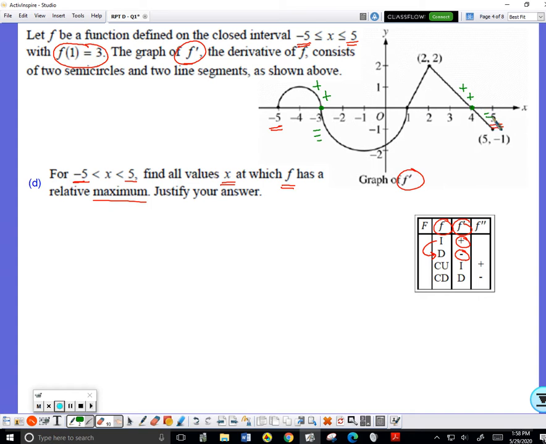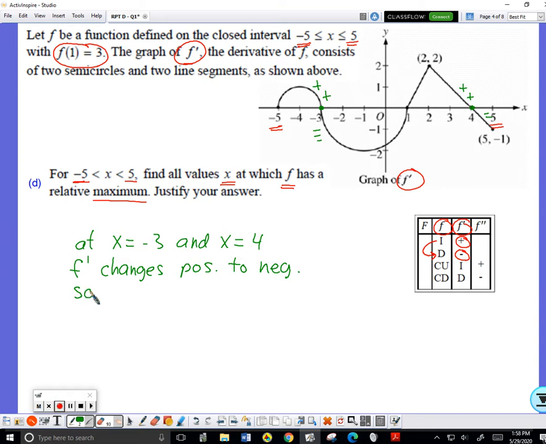So all I have to write on my paper is at x equal -3 and x equal 4, f prime changes from positive to negative.